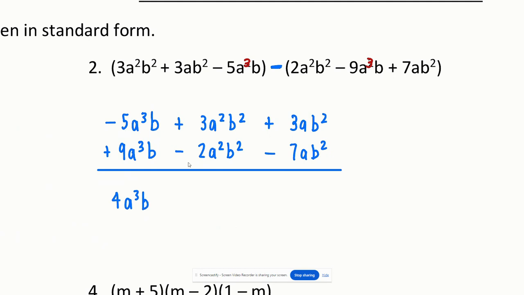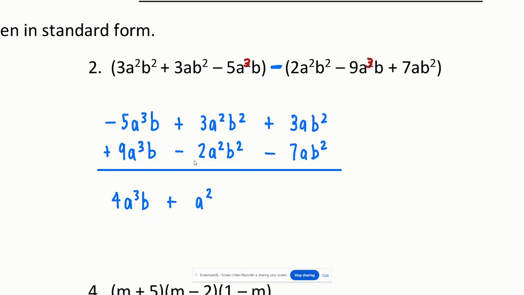What's positive 3 minus 2? Wait, why would it be 4? There's 2 negatives. Wait, this was a plus. Remember? Because look, it was a negative. It turned to a positive. Right? It turned to a positive. All right, what about positive 3 minus 2?